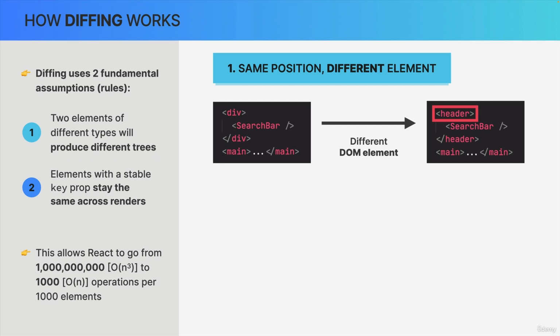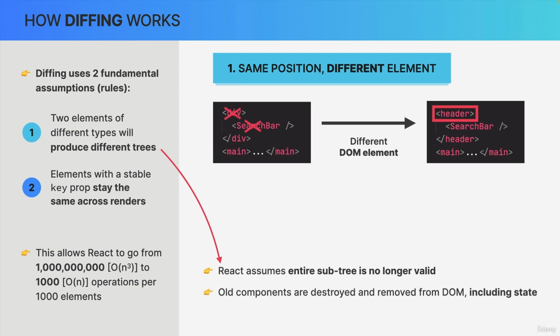So in a situation like this, React will assume that the element itself plus all its children are no longer valid. Therefore, all these elements will actually be destroyed and removed from the DOM. And that also includes their state, which is really important to remember.